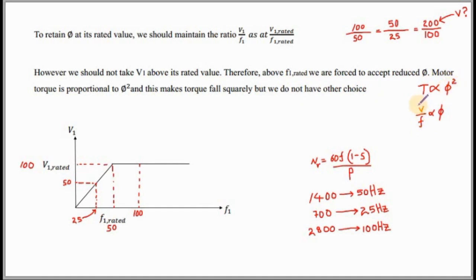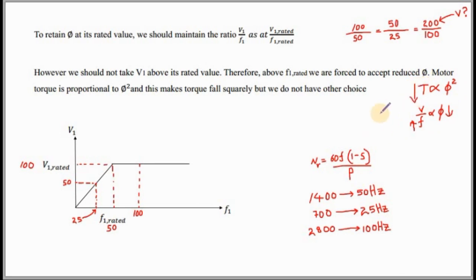So here we know that psi is proportional to V by F, and above F1 rated, we keep V as V1 rated and we increase F, what will happen, this will reduce and then torque will reduce.